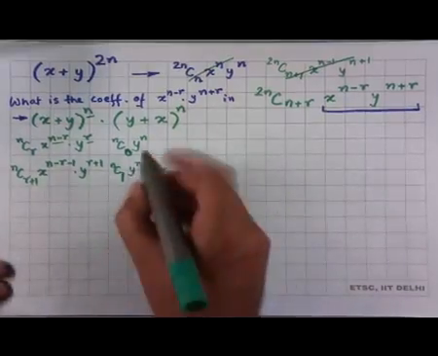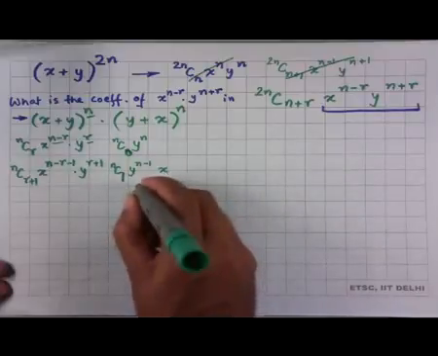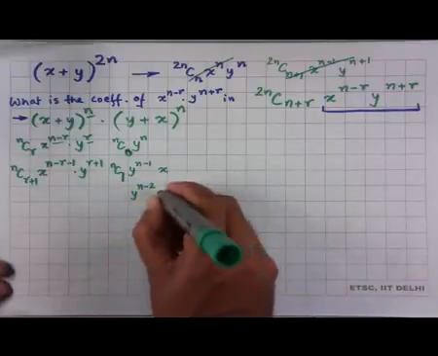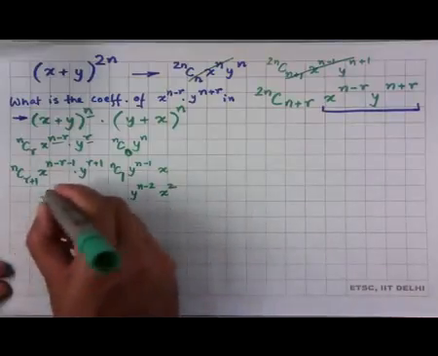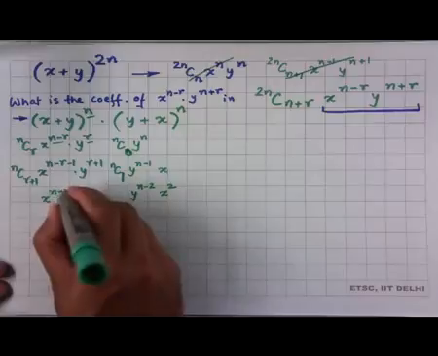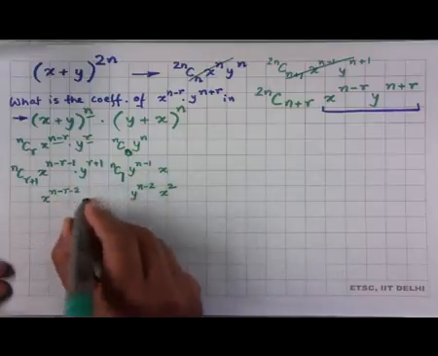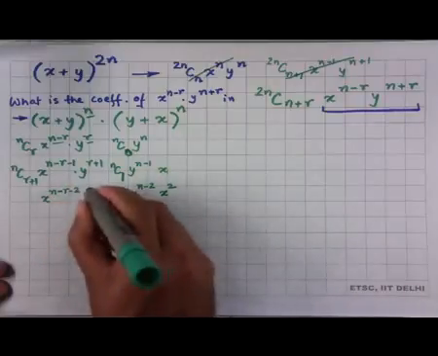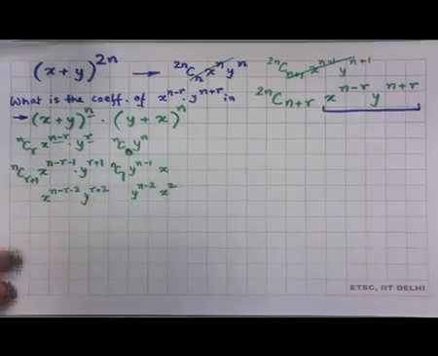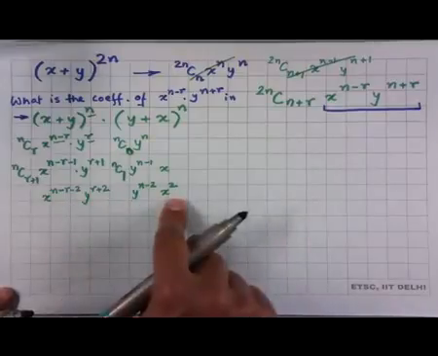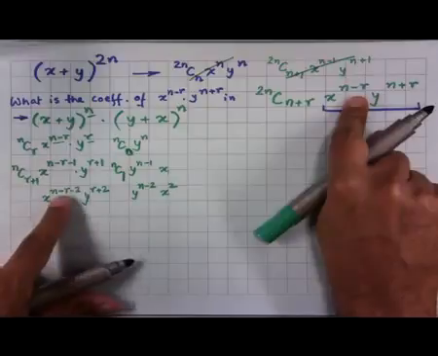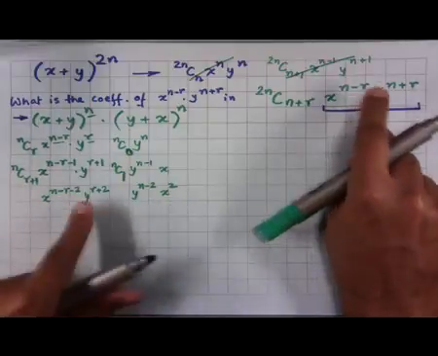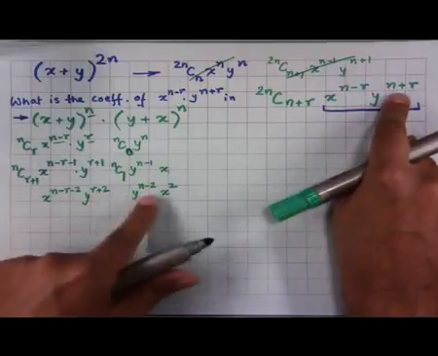Then you could also have chosen y power n minus 2 times x squared, and on this side x power n minus r minus 2 times y power r plus 2. Okay. So, the product of these two is once again x power n minus r, y power n plus r.